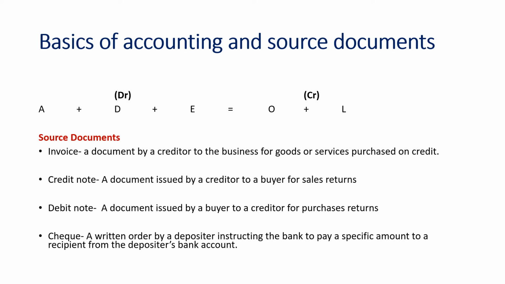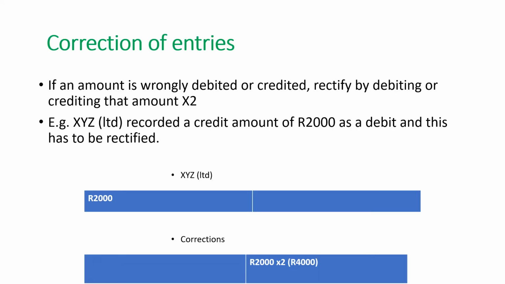So when we go forward, when we're dealing with this creditors reconciliation, guys, you must take note of correction of entries. What do we mean by correction of entries? There might be some transactions that are wrongly recorded, then you have to rectify them.